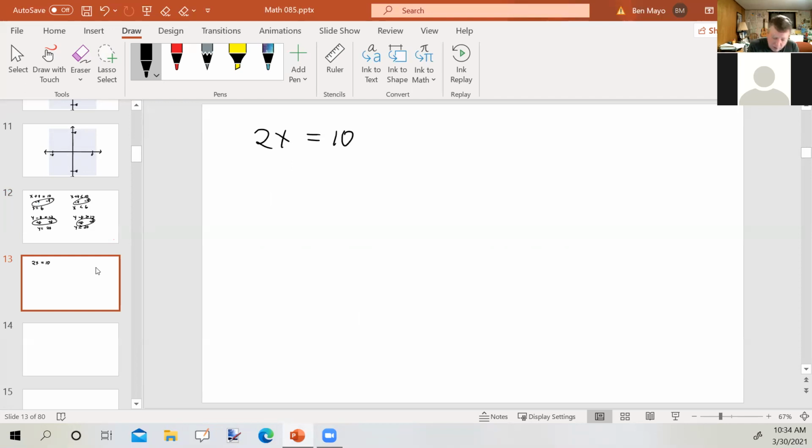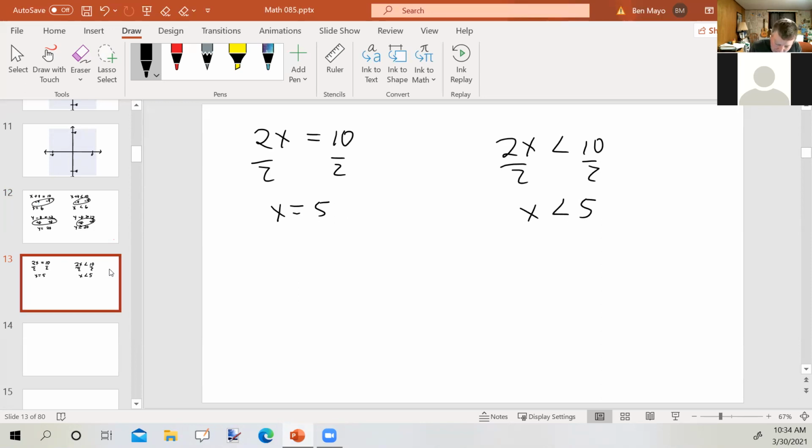Any questions? All right, let's say we've got 2x equals 10. To solve this equation, you would divide both sides of the equation by 2. Let's say we had 2x less than 10. To solve this inequality, you would divide both sides by 2 and x is less than 5. Okay, let's say you had 1/2 y equals 14.